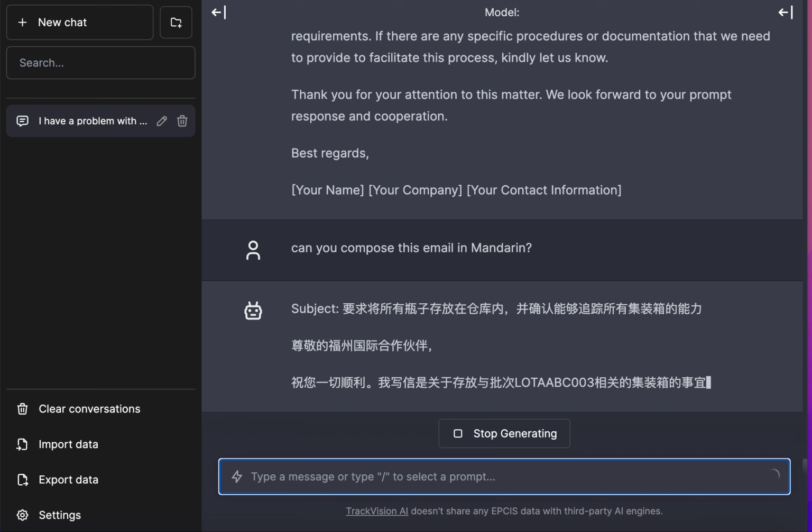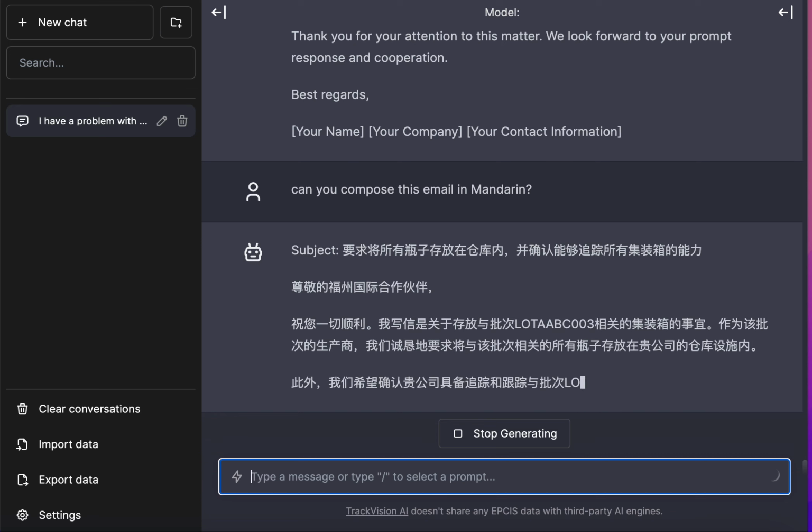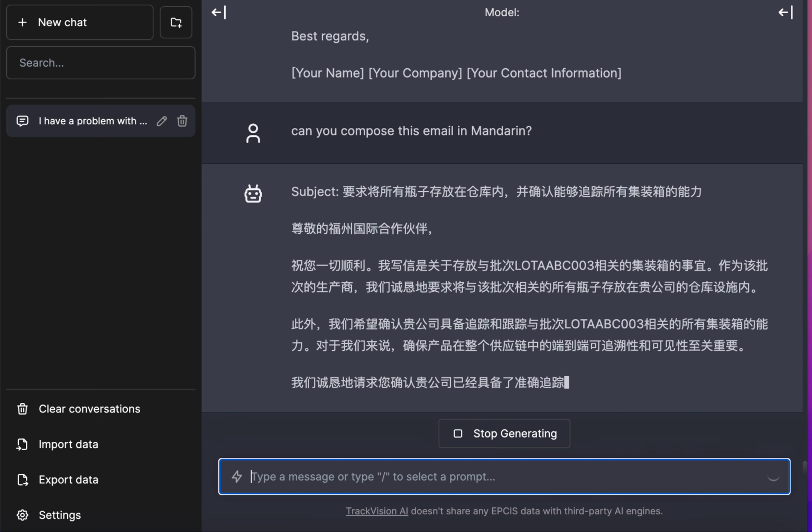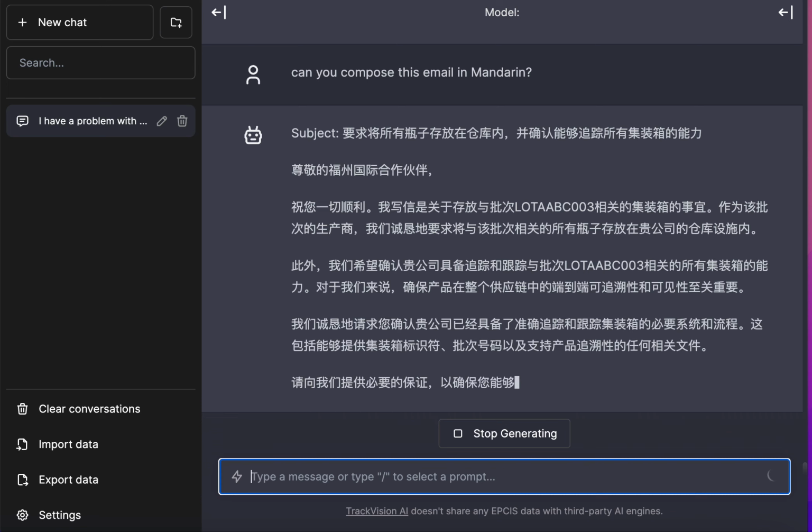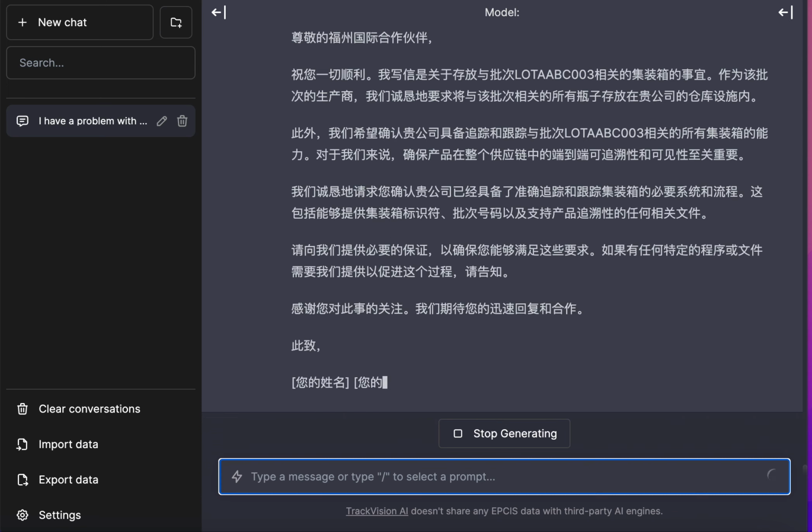It takes a second, but I'm going to trust that that is the same email instructions, composed in Mandarin as I requested. So that's the downstream situation.